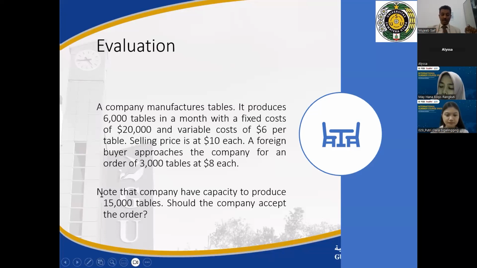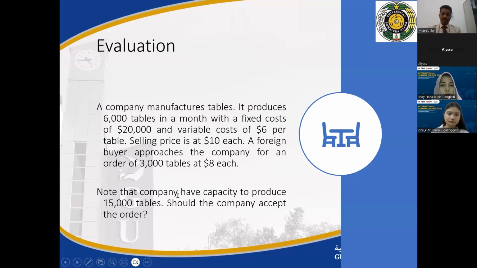So here is the requirement. Note that the company has capacity to produce much more than 6,000. They have capacity to produce this extra 3,000 because the total capacity is 15,000. So should the company accept this order or not?